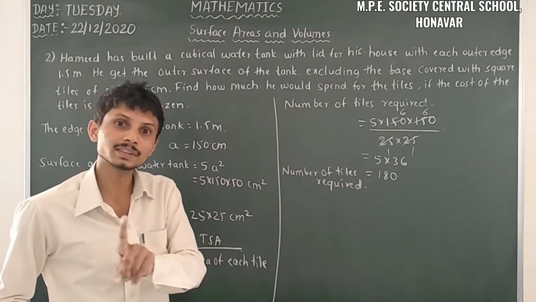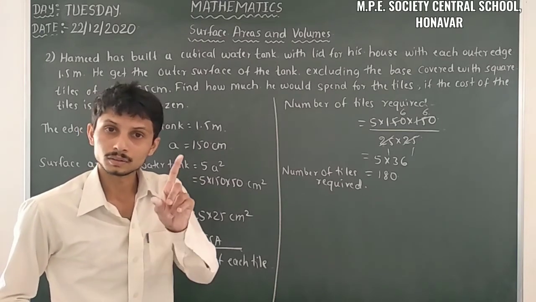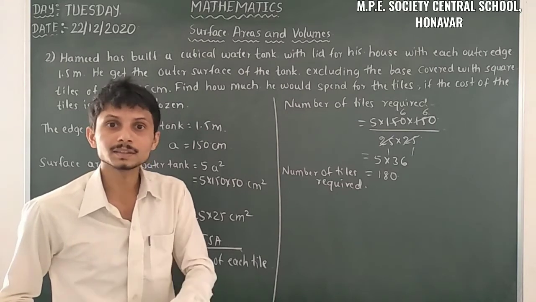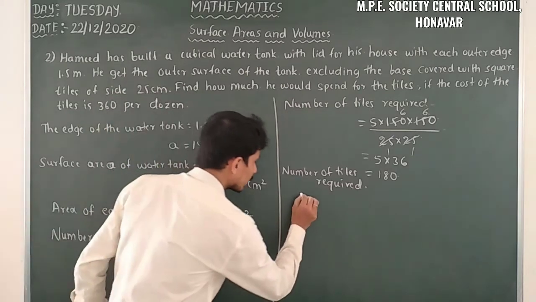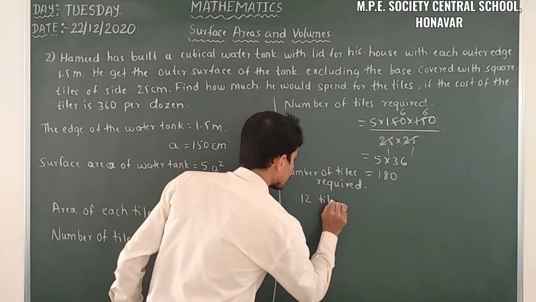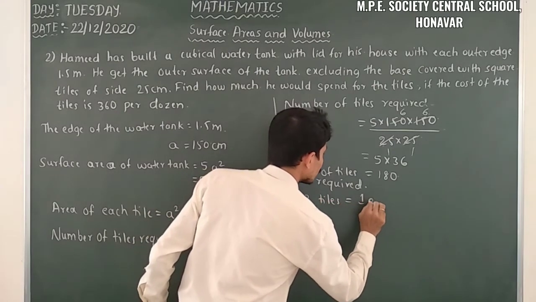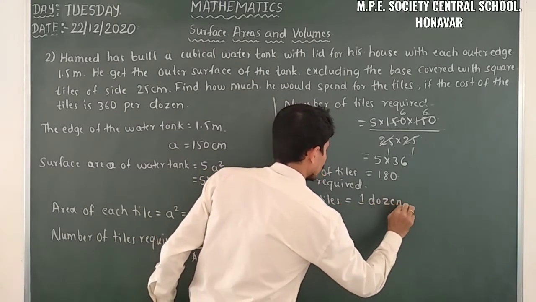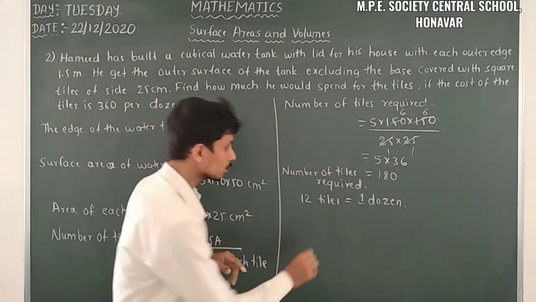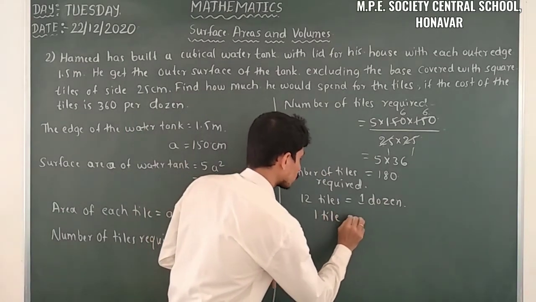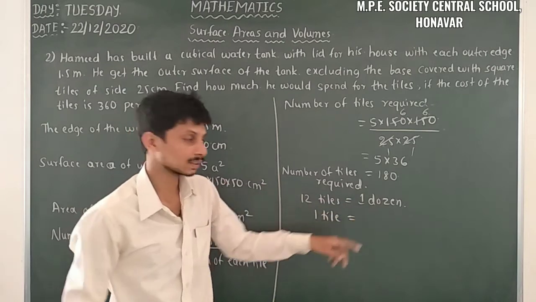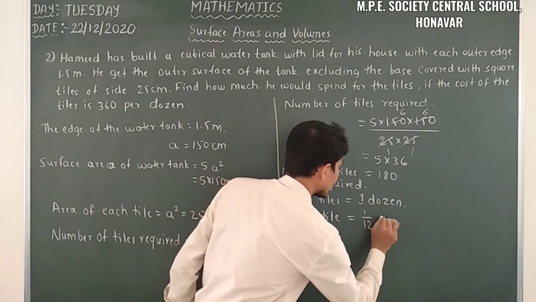So already you know that 12 tiles is equal to 1 dozen. Then what about 1 tile is equal to? We can transpose this. It is 1 by 12 dozens.